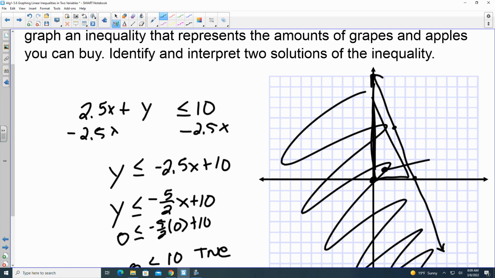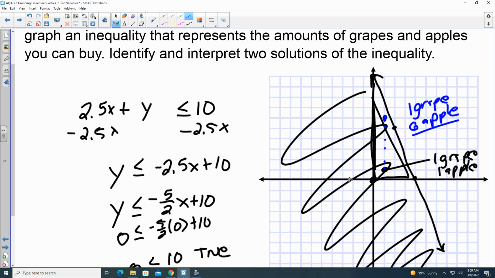You could say, oh, I could buy one grape and one apple. Or you could go right here. Something like this. X stands for grapes, so I could buy one grape and I could buy 1, 2, 3, 4, 5, 6 apples. Something like that.